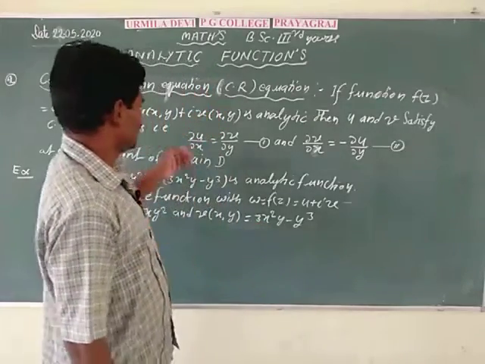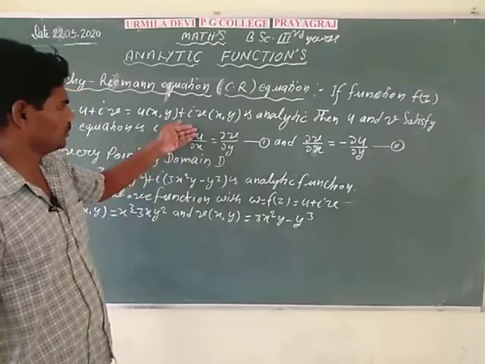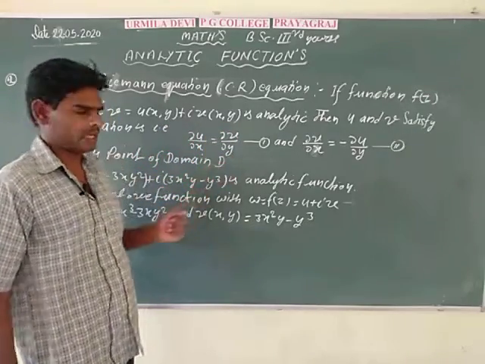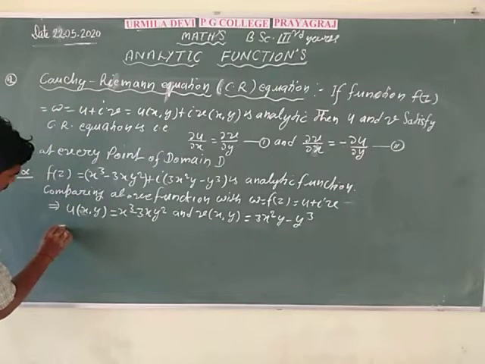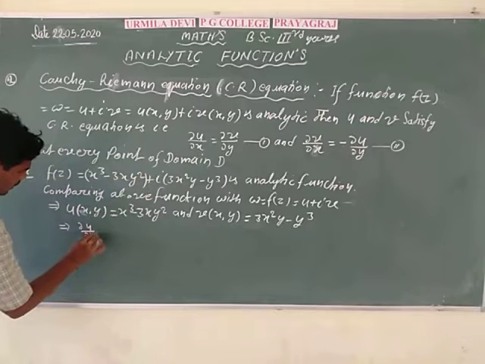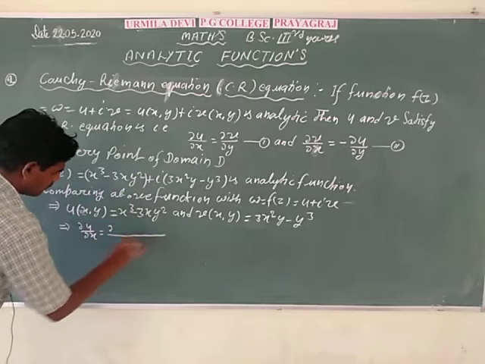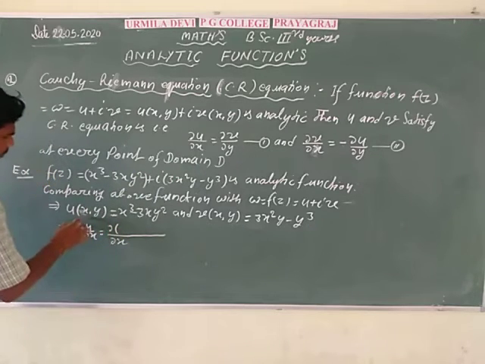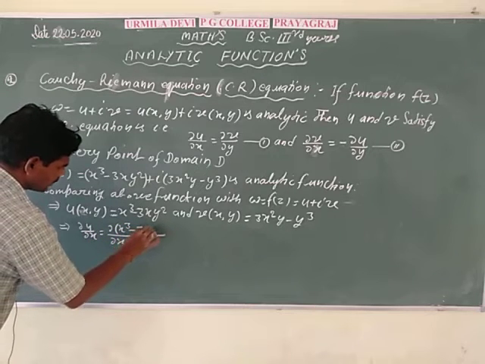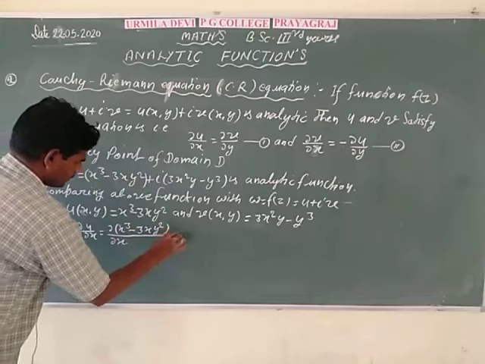Now take the partial differentiation of u with respect to x and of v with respect to y. So del u by del x is equal to del by del x of u, which is x cube minus 3xy square.